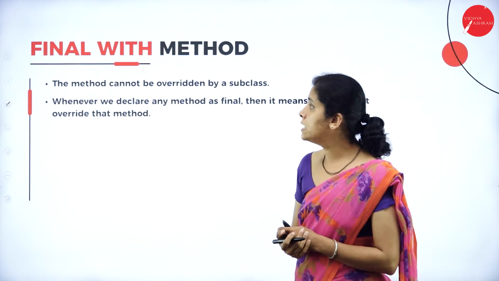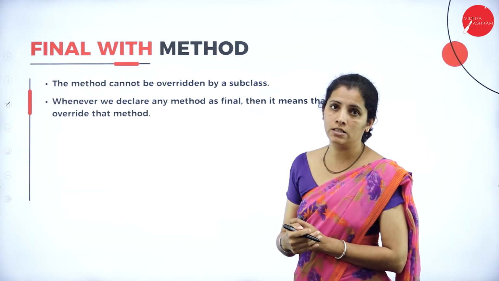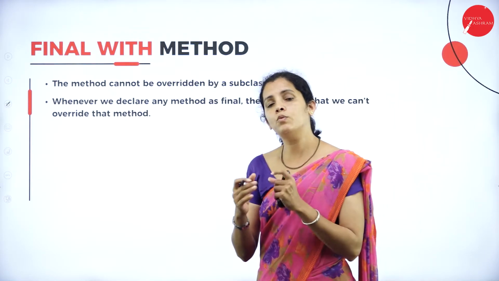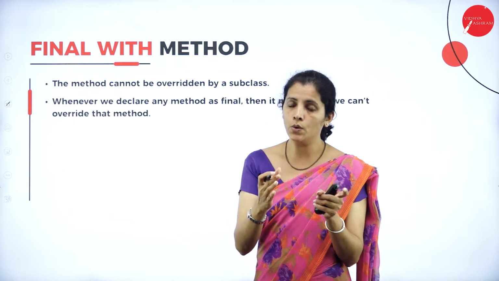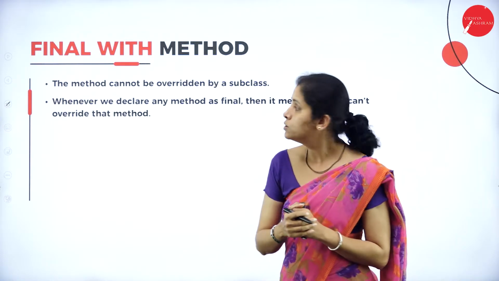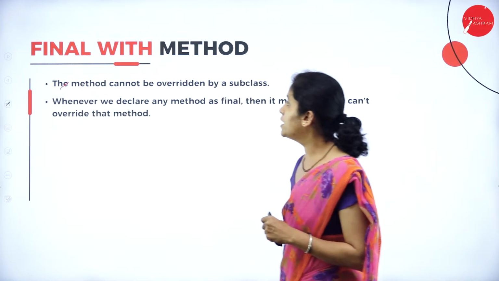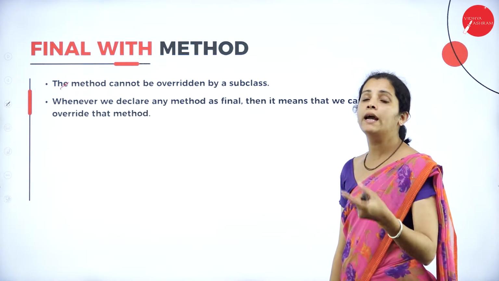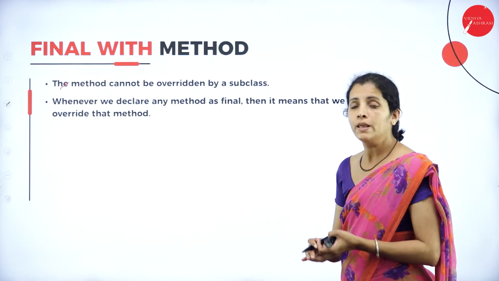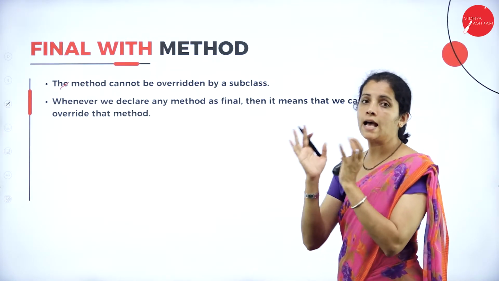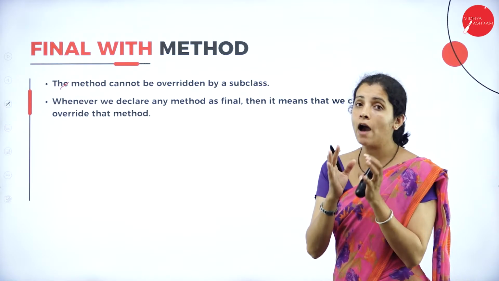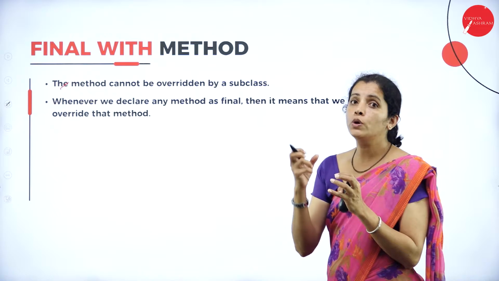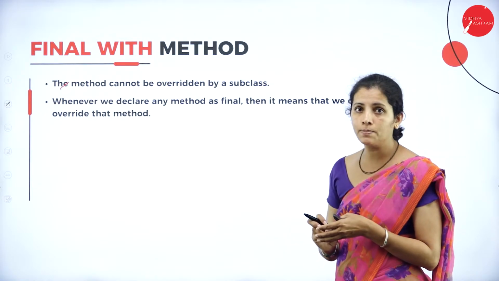Now, dear student, I have final methods. Final with a method in the sense that I'm going to apply final to my method. So, the method cannot be overridden. Overridden in the sense of overwriting. There are times when the base class as well as the superclass have the same methods, and then the subclass is going to override the superclass method.